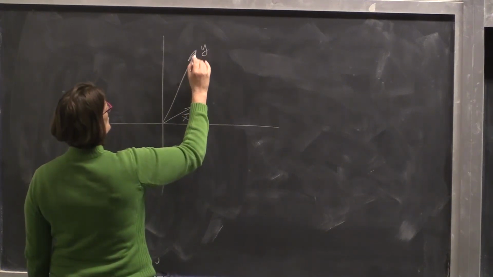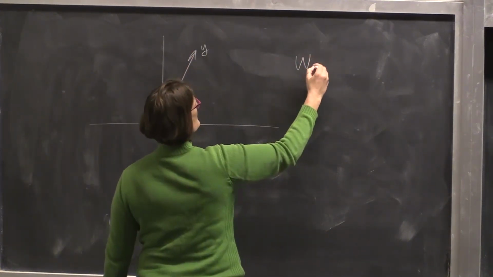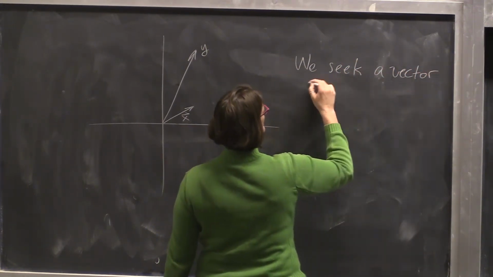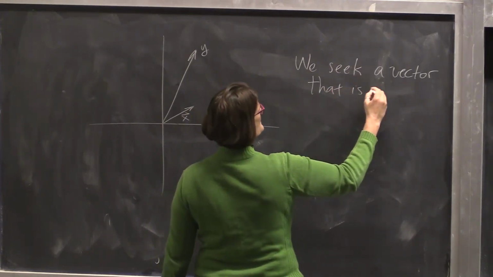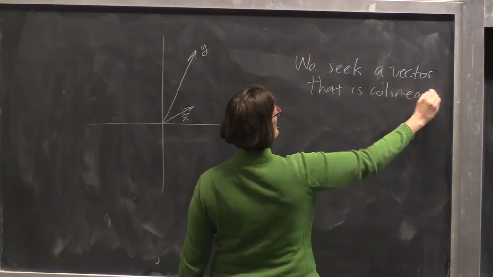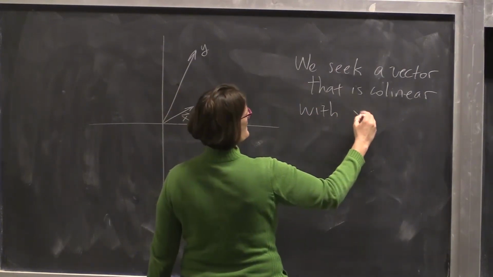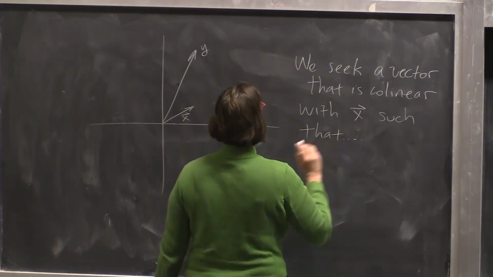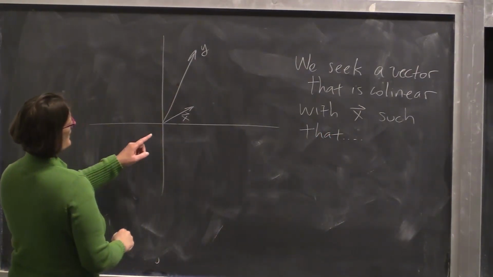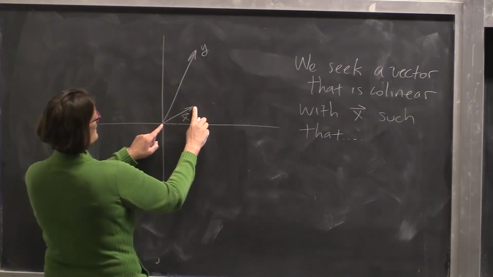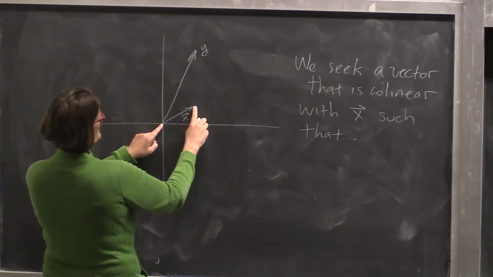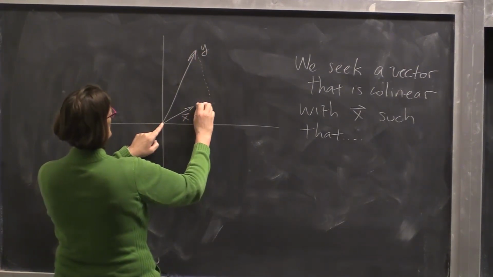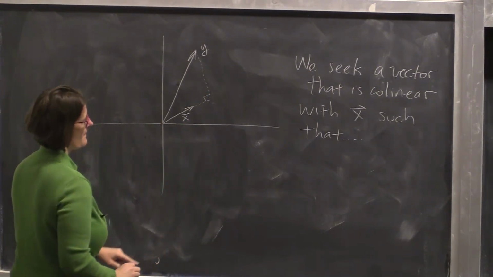and we're looking for some vector. We seek a vector that is collinear with x such that this vector, we're looking for a vector so that this thing is a right angle.